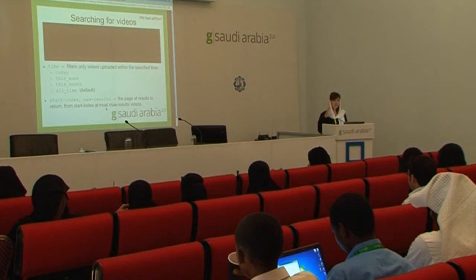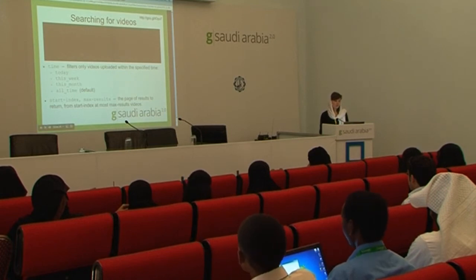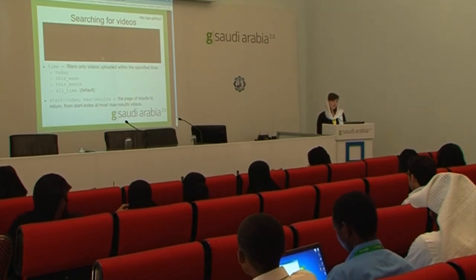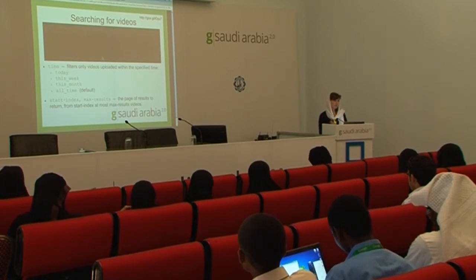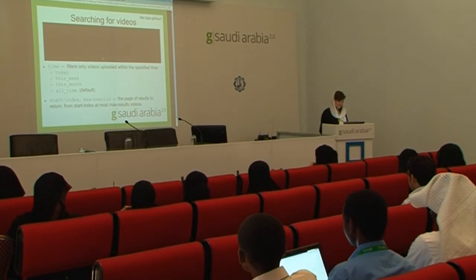Let's say the results are by 10, and if you want to display only the second page, not the first one, then I select the videos from 11 to 20. The start index is one-based, so the first video is start index 1. There is no 0, like you are used to, I guess, in other programming variables.